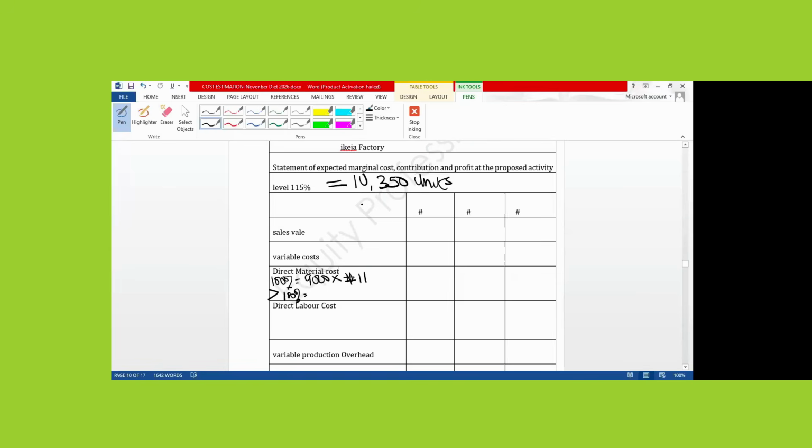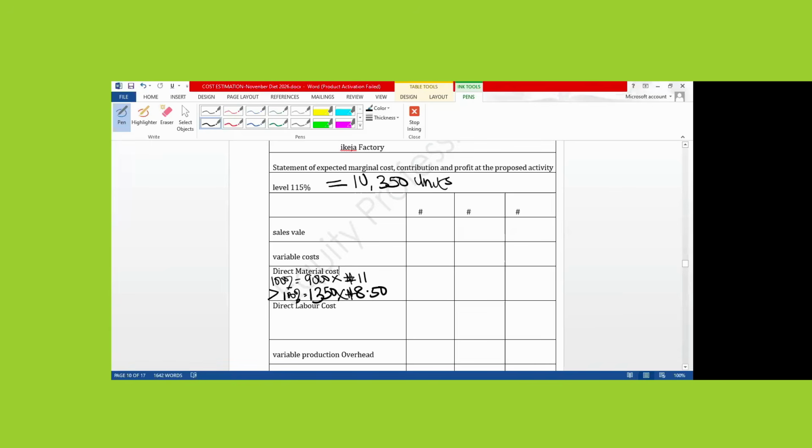What is the balance remaining? 1,350 units. This 1,350 units is above 100%. This will be at 8 naira 50 kobo.